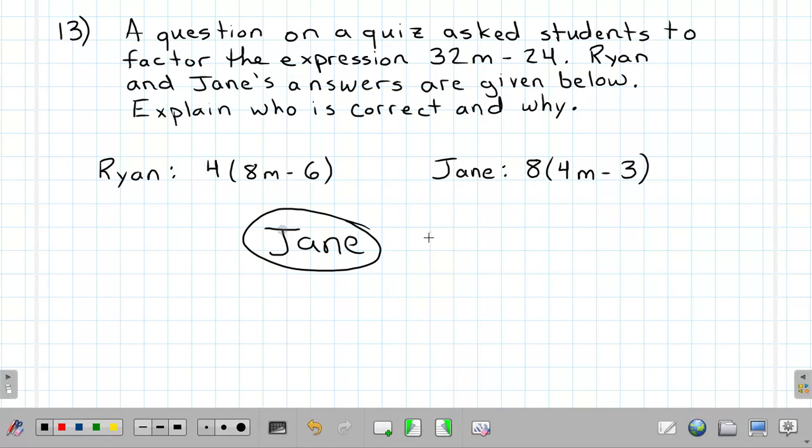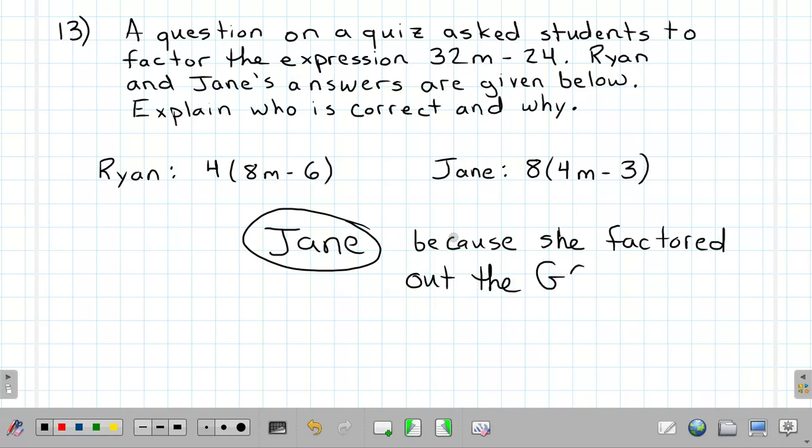So Jane, because she factored out the greatest common factor, so I'm using that acronym there, Ryan did not.